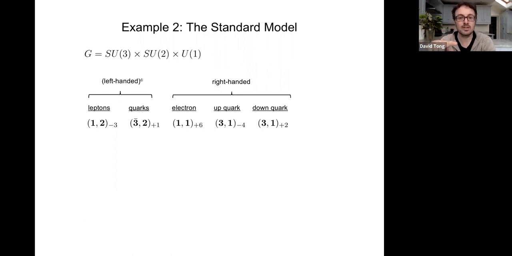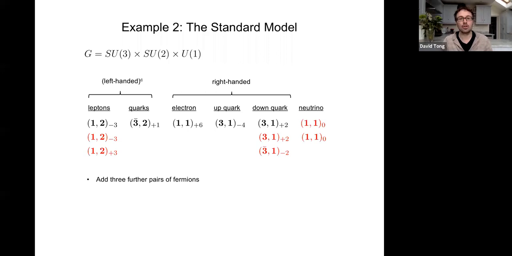The first thing to do is to see if there's an extra symmetry group H that I can gauge. And you don't have to stare for long to realize that there's no such H that I can gauge, which means I have to introduce it. So in addition to the standard model fermions, I'm going to add 3 pairs of fermions.